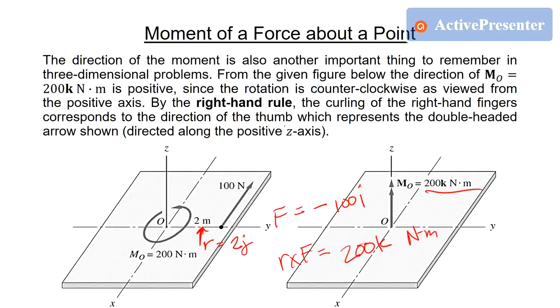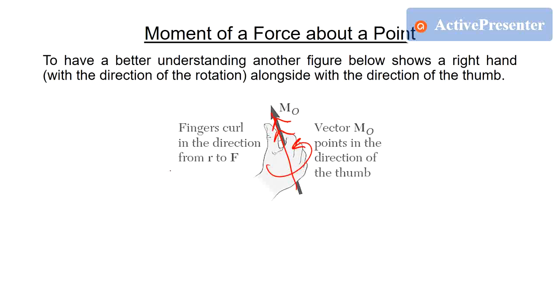If this is your right hand, this is the direction of your thumb. The four fingers will be right here, so this is the same as this one. This is the rotation of the fingers, and this is the double-headed arrow. So that is the direction of the moment of a force about a point. So use the right hand rule.